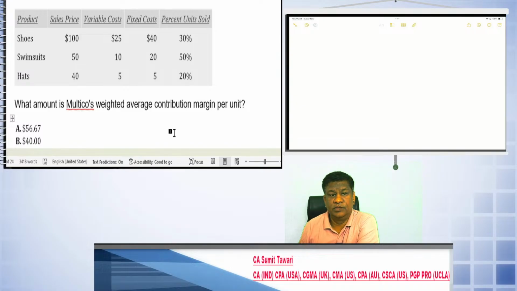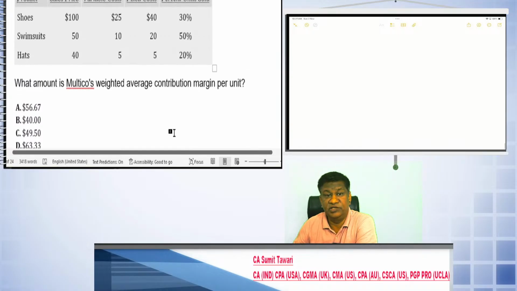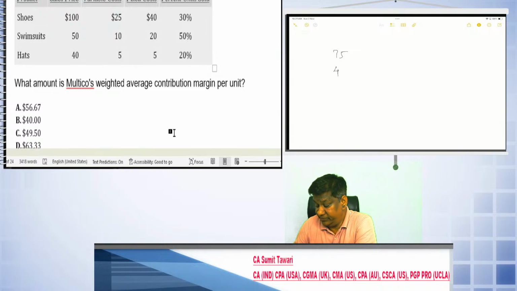So it is the contribution margin: each product is 75, then 40, and then 35, and we need to apply the percentages 30%, 50%, and 20%.